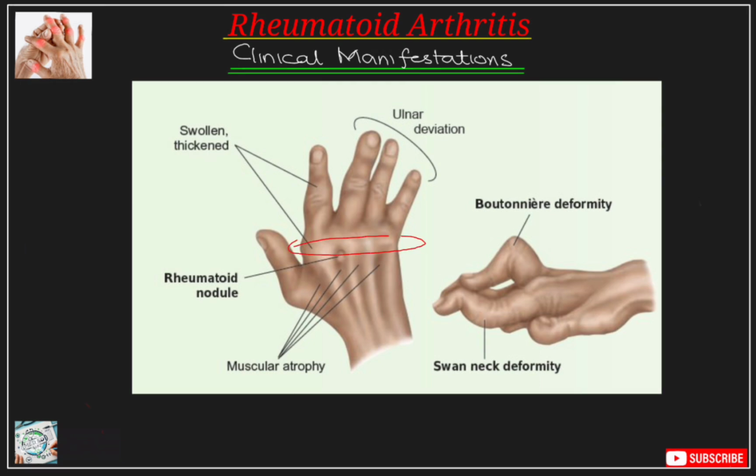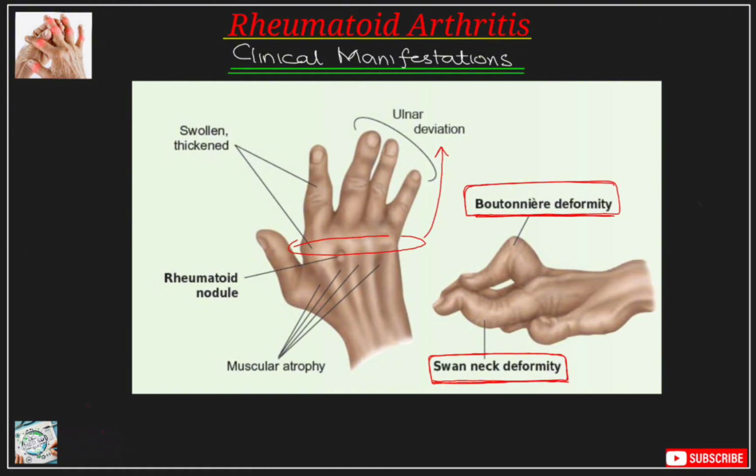As the disease progresses, the hand starts developing classic deformities due to ongoing joint damage. The metacarpophalangeal joints gradually drift outwards, leading to the characteristic ulnar deviation. Other deformities include swan neck deformity, where the fingers bend at the base and the tip but are hyperextended in the middle; boutonniere or buttonhole deformity, where the middle joint flexes while the tip hyperextends; and Z deformity of the thumb, which alters the normal alignment of the thumb.